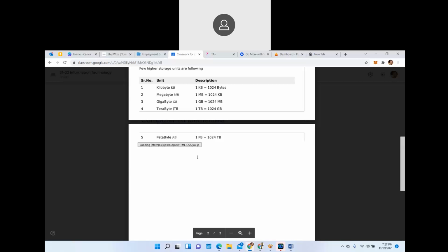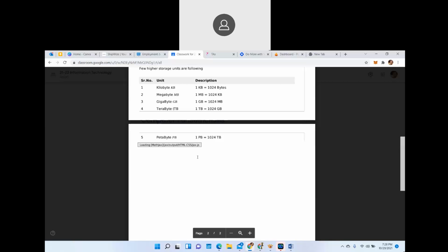Kilo means 1,000, but usually they round it off and say 1,000. If you say 1,000, you still get it right, but the exact number would be 1024. So 1024 bytes is equal to 1 kilobyte.